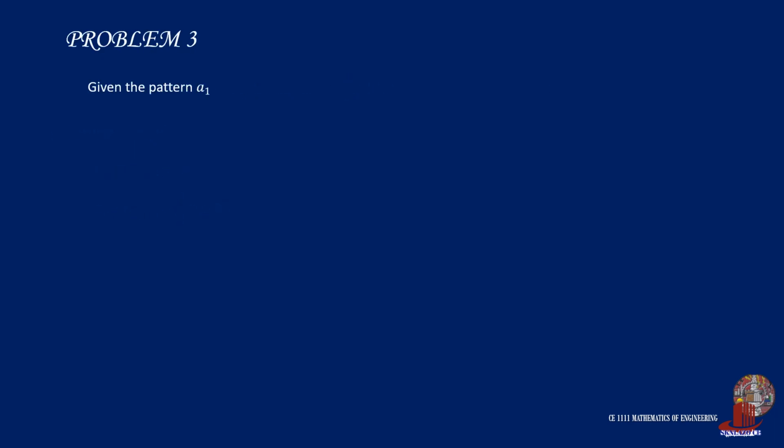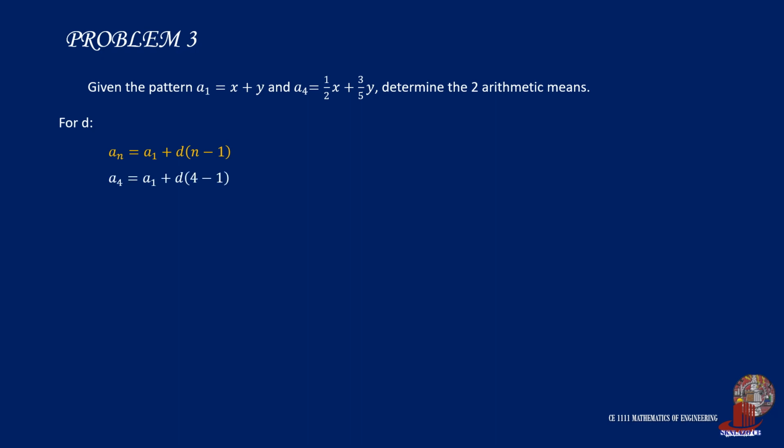Problem 3 has the initial term as x plus y, and the fourth term as half of x plus 3/5 of y. We are to look for the two arithmetic means. Having two terms available, determine the common difference using the nth term formula. That's a sub 4 as equal to the initial term plus the common difference times 4 less 1. Place the terms and get half of x plus 3/5 of y as equal to x plus y plus 3d.